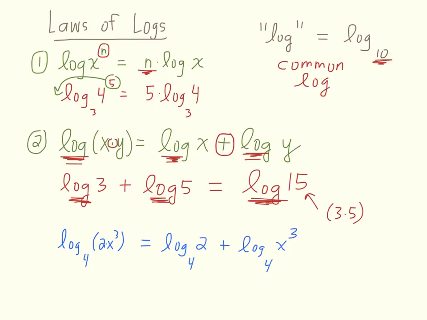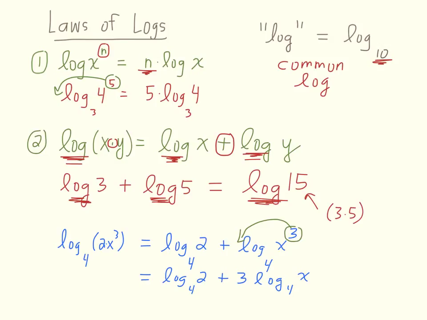Notice how I expanded that out. And you could take this a step further. So you have log base 4 of 2 plus, we could now use our rule from the previous part where we can take that 3 and drop it down in front. So you would have 3 times the log base 4 of x.